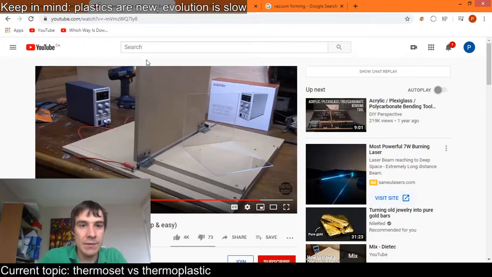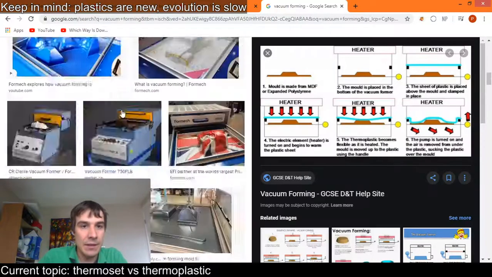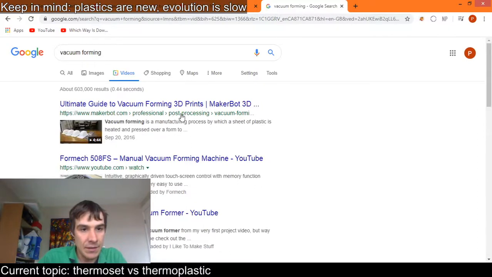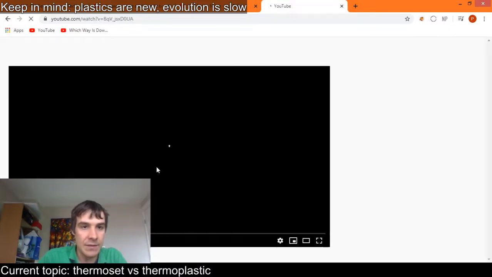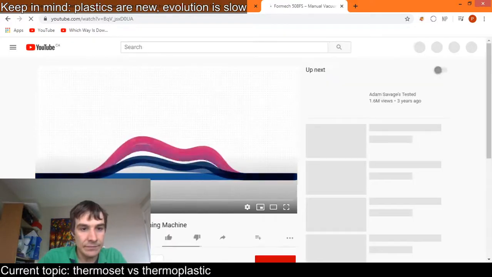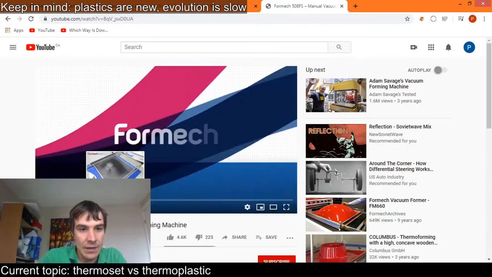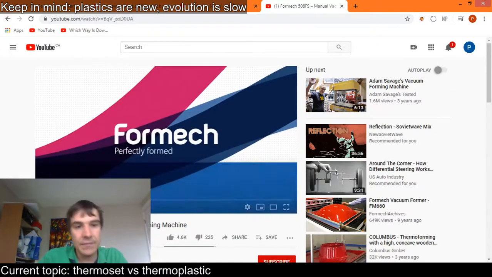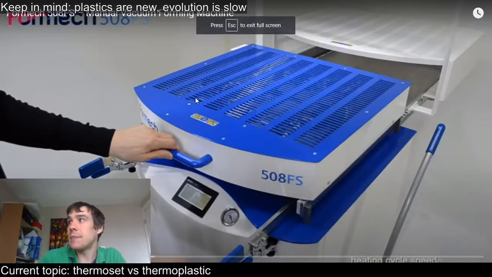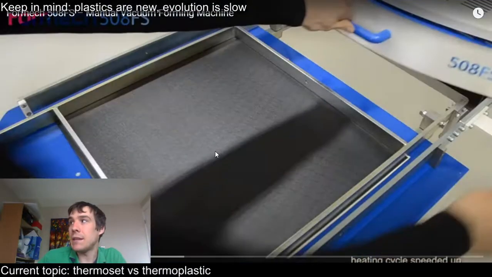This is really cool for stuff like vacuum forming, which I might actually just find a video of. Here you go. Here's a vacuum forming machine, and here's how it works. You put the plastic on, it heats it up. You see the fan up there for the heating. Now it's heated.